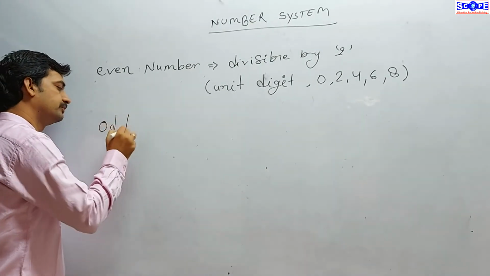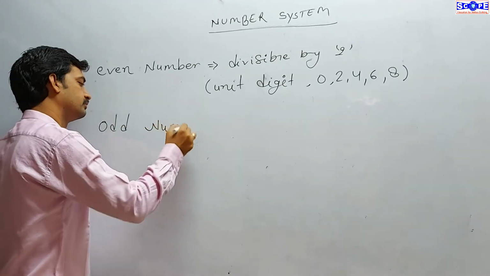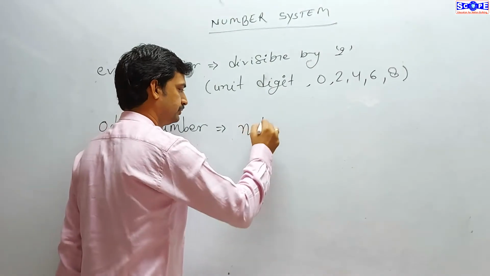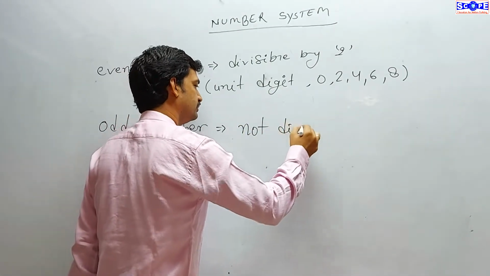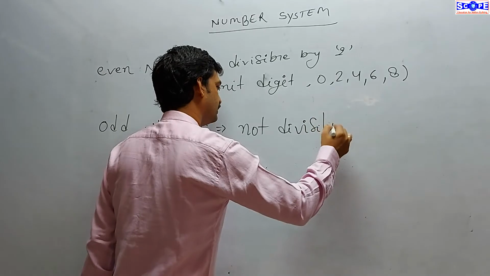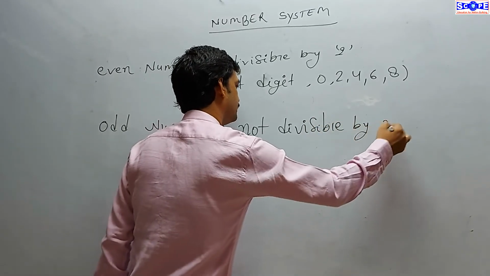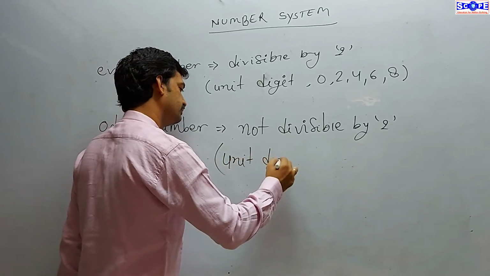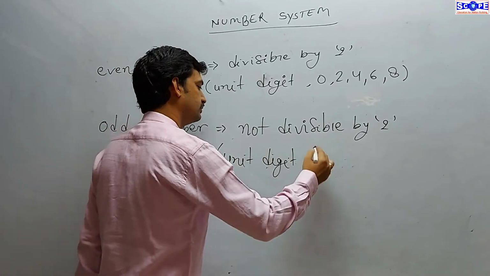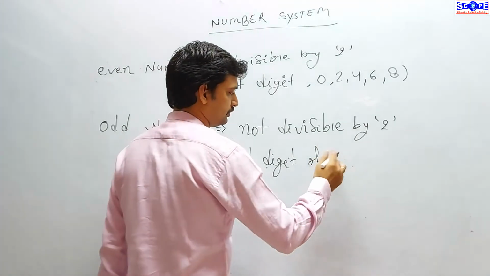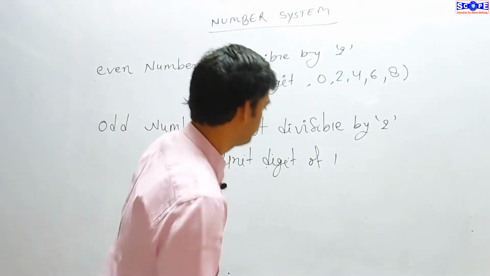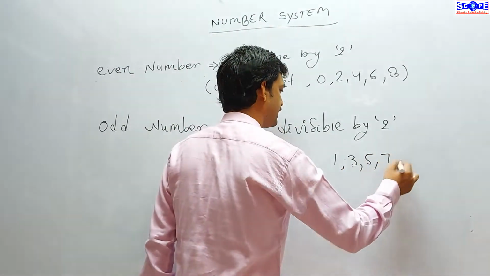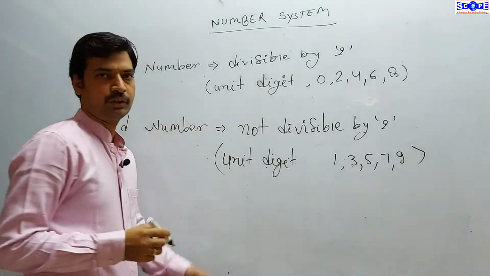Odd numbers are those which are not divisible by 2, or the unit digit of the number is 1, 3, 5, 7 and 9. This is called the odd numbers.